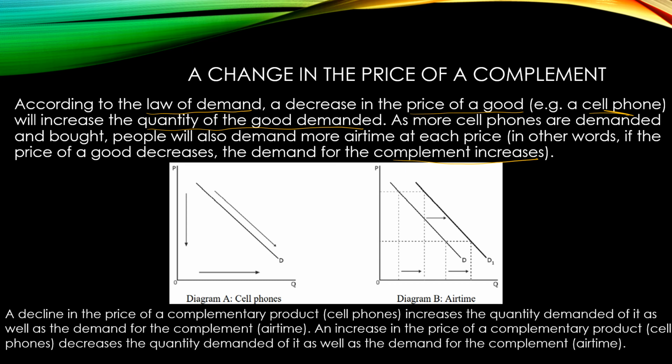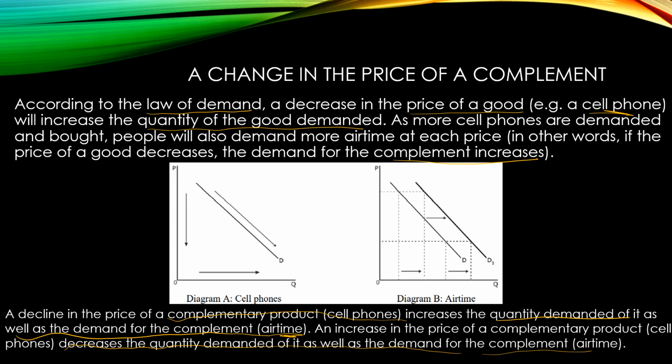A decline in the price of a complementary product, cell phones, increases the quantity demanded of it as well as the demand for the complement, airtime. An increase in the price of a complementary product, cell phones, will decrease the quantity demanded of it as well as the demand for the complement.